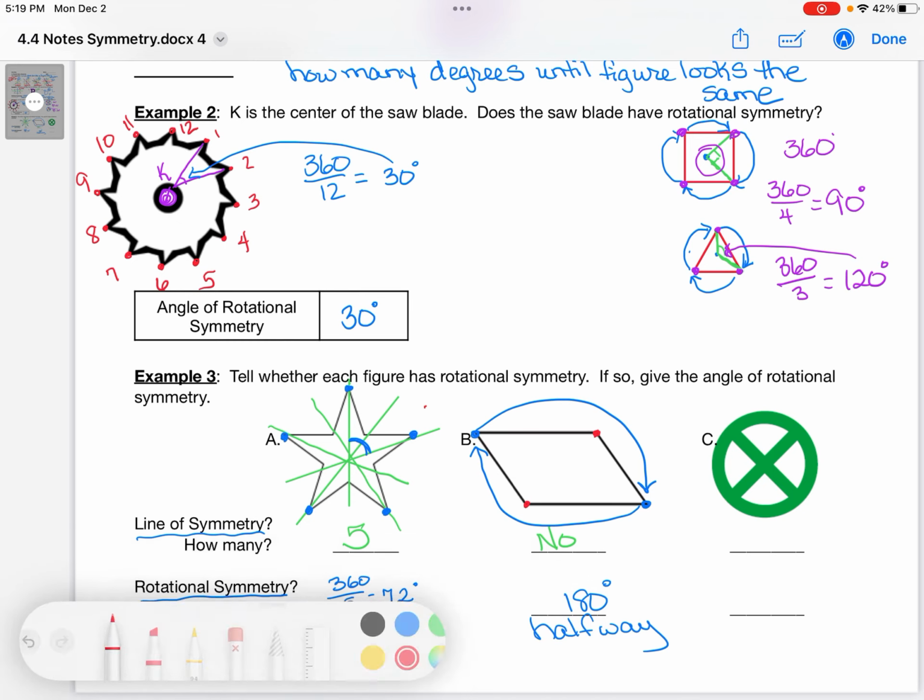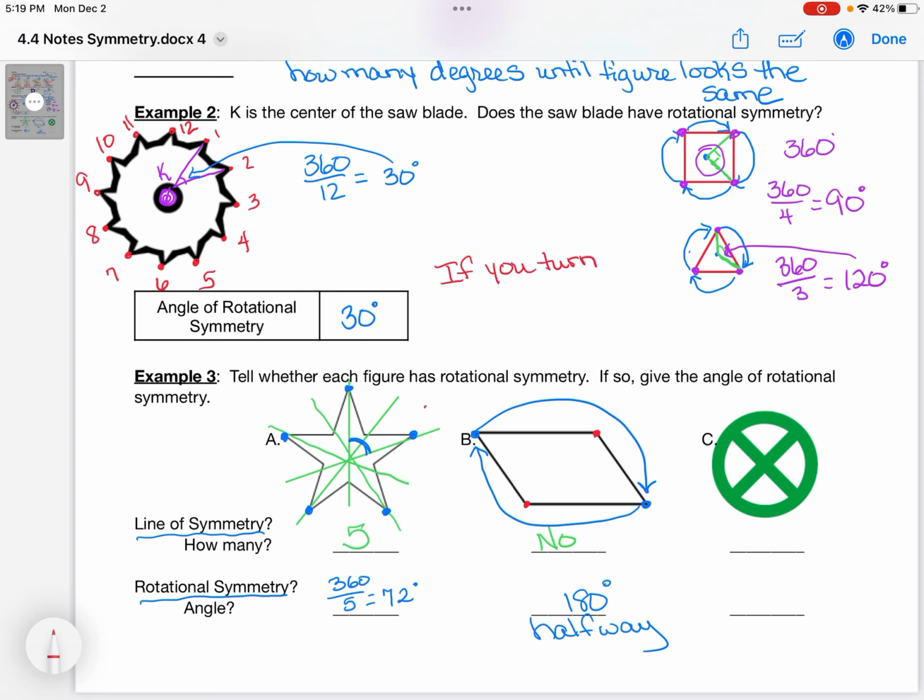Side note. If you have to turn the figure all the way 360 degrees, then we say no rotational symmetry.